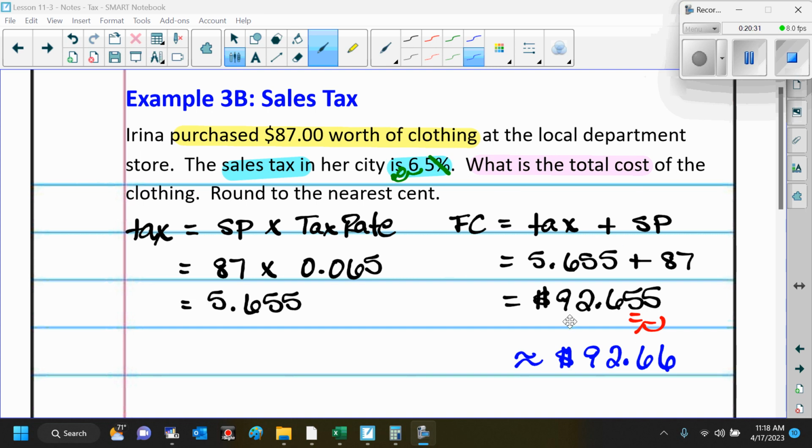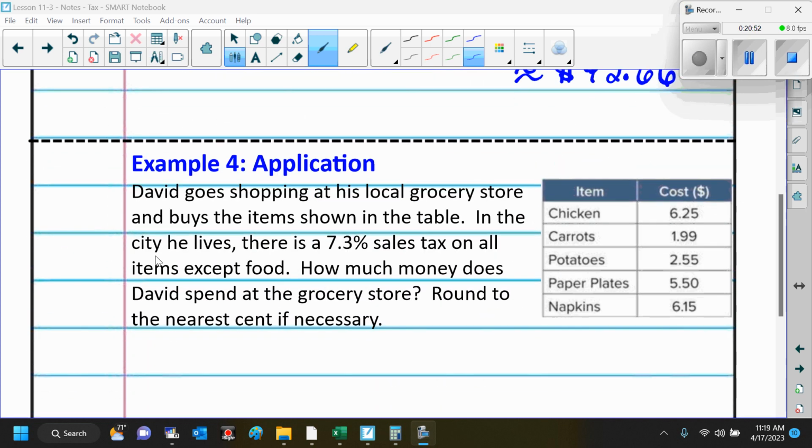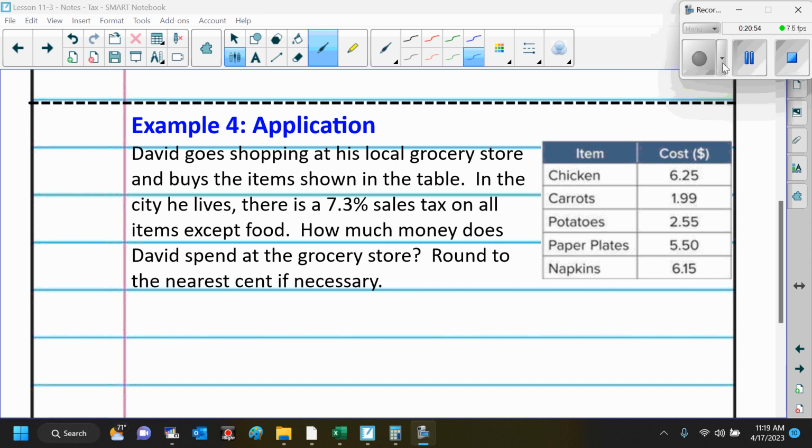So when we do that, we have 92.655, and of course, when we round to the nearest cent, that 5 tells us we need to round up. So we end up with $92.66. Is everybody clear? Now, I do want to tell you guys that you need to do this application at home. I will record it before the end of the day.